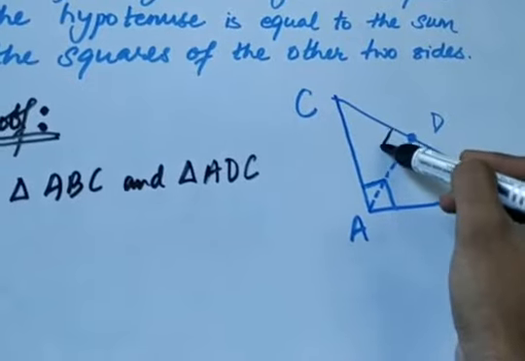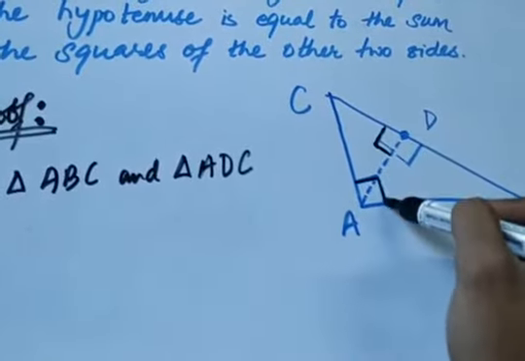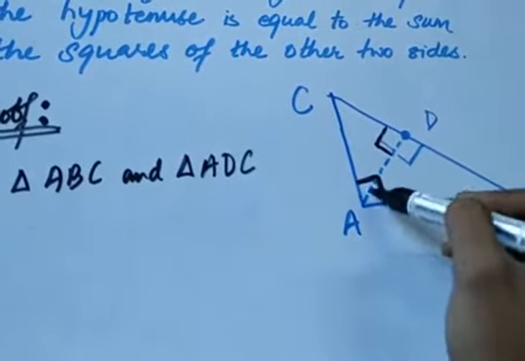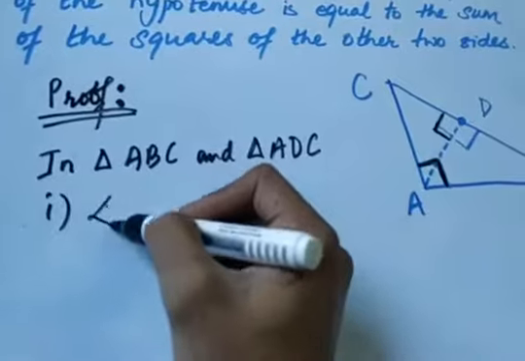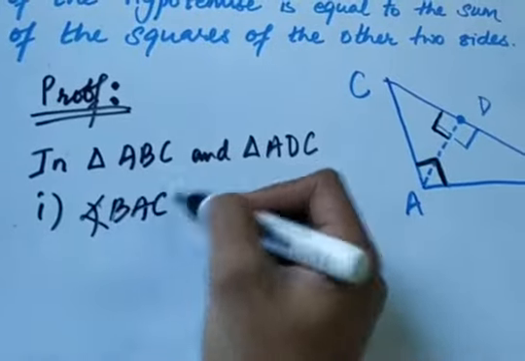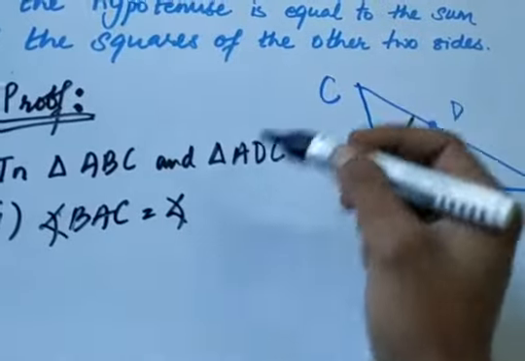So I'll just mark the 90 degrees. In small triangle this is a 90 degree, in large triangle this is a 90 degree. So we have these angles which are equal to each other. So angle BAC is equal to angle ADC.